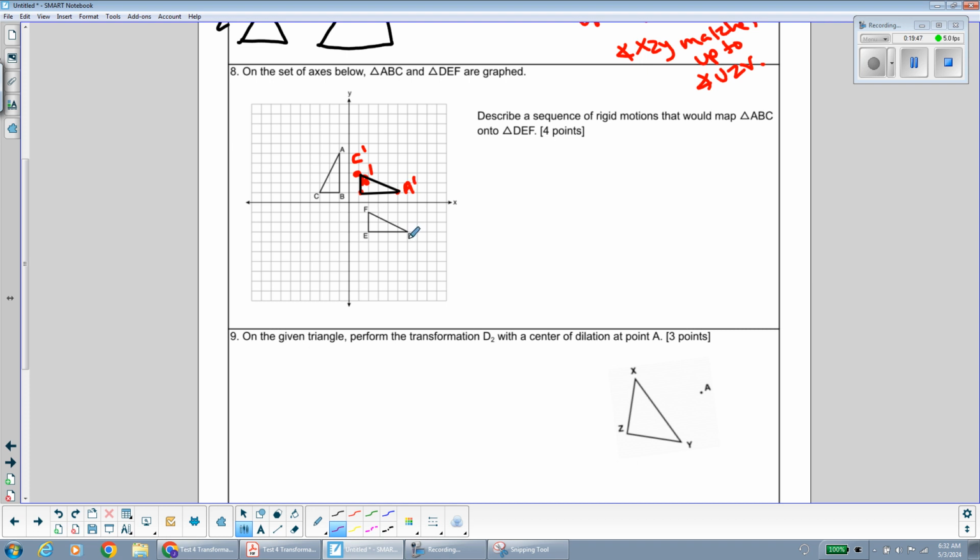So I'm just going to use points A and D to figure out how far it needs to be translated. So that is 1 unit to the right and 4 units down. So I'm going to describe this.